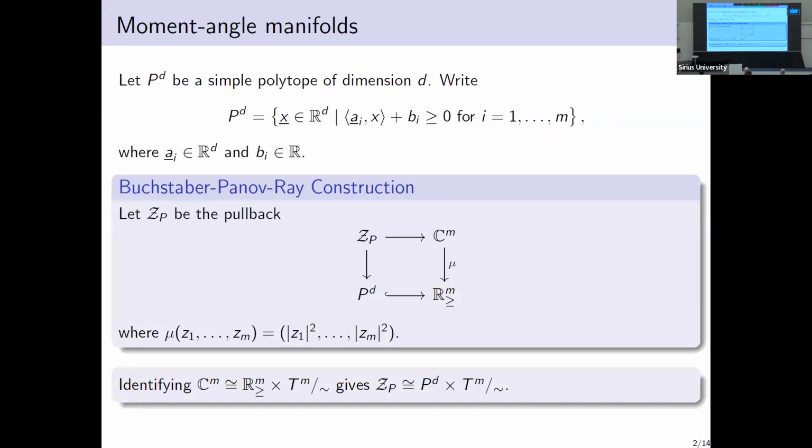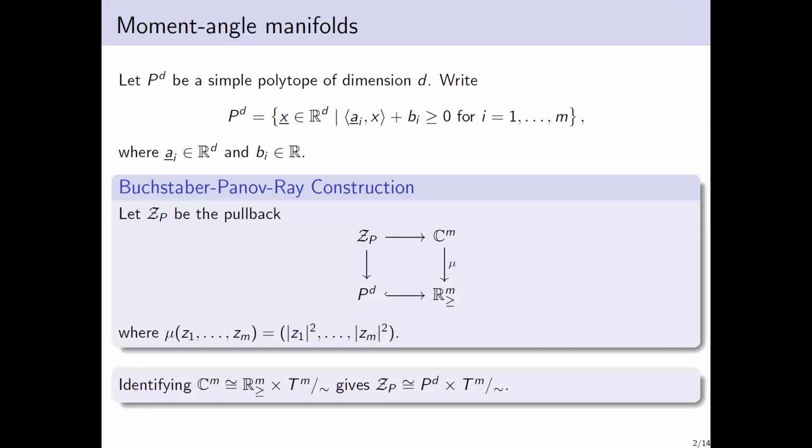Let me first introduce the definition of moment angle manifolds following a construction due to Buchstaber, Panov and Ray. To begin with, I'm using the letter P^D to denote a simple polytope of dimension D. By definition, a polytope is given by the intersection of finitely many half spaces in some R^D.